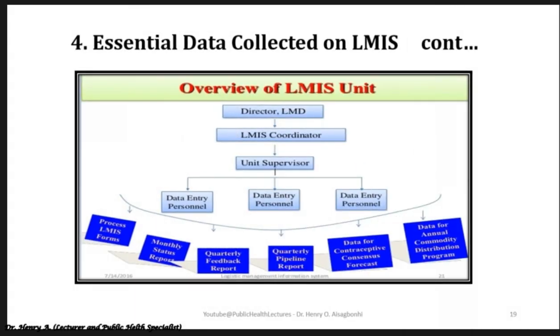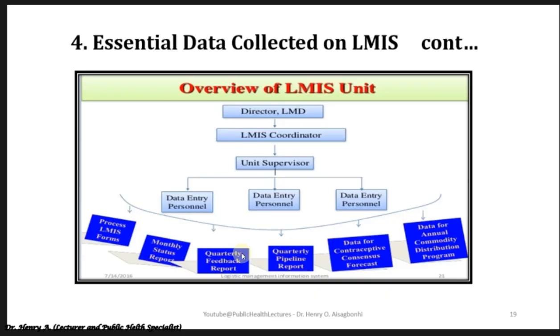You can see an overview of the LMIS unit. You can see the director, the LMIS coordinator, the unit supervisor. These are the data entry personnel. So you have somebody in charge of the process forms, somebody in charge of the monthly status reports.